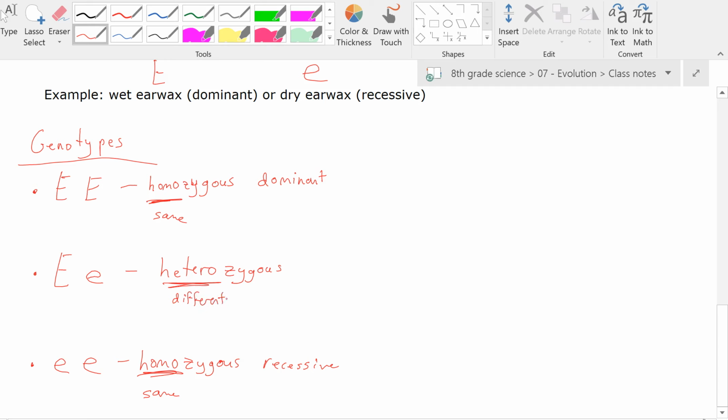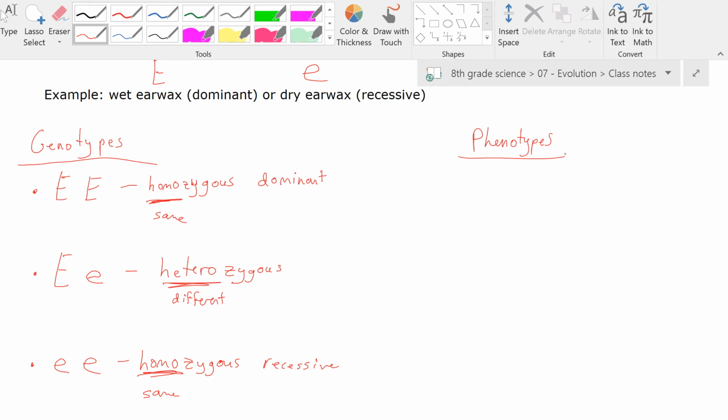Okay. Now, there are only two possible outcomes for what you look like, what your condition is. And we call those the two possible phenotypes. Either you have wet earwax or you have dry earwax.